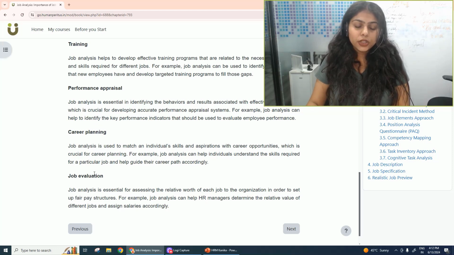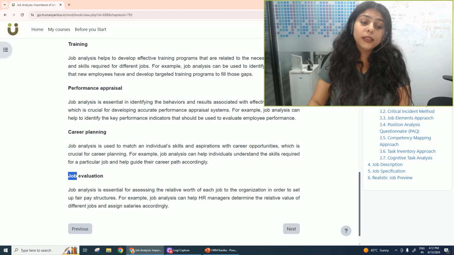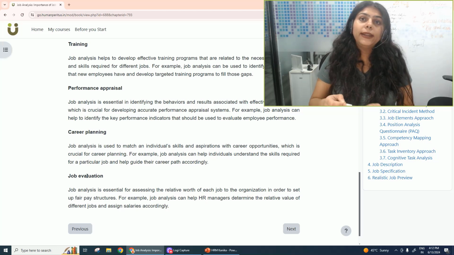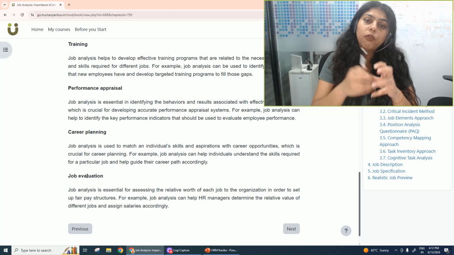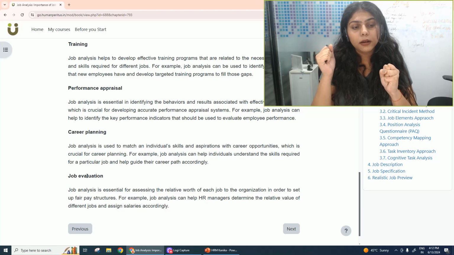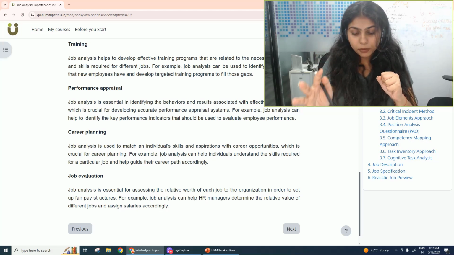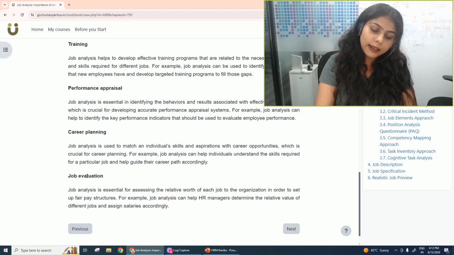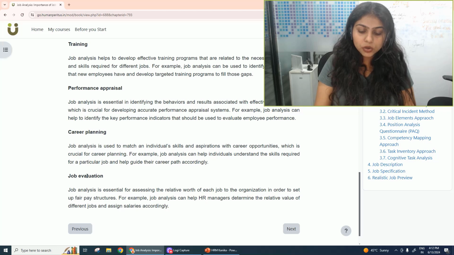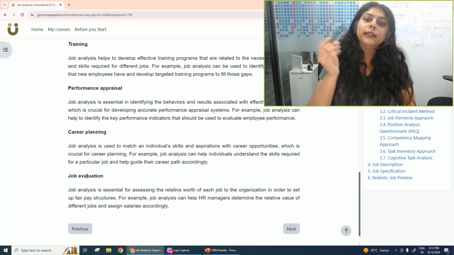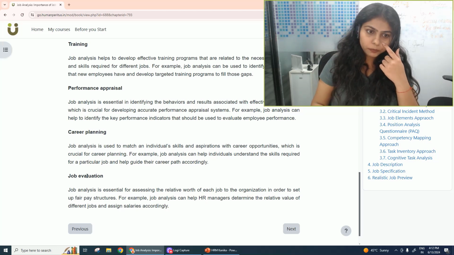Now, job evaluation. Job evaluation in some ways is heavily surrounded by compensation and everything. So, directly proportional to what the duties are and what skills this employee possesses, I can make a very structured compensation plan, or I can determine how this guy's job should be evaluated so that it's fair to both the employee and the employer.